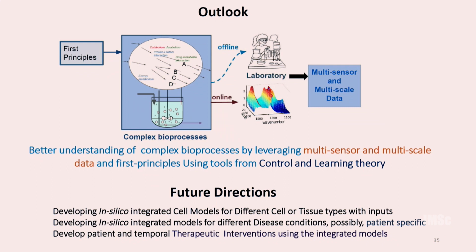And in future, we want to continue with that and try to create a cell-based model by integrating different regulatory networks and the signaling networks together and create for the disease and normal cell a model, an in silico model, which we can actually simulate whenever we want, and possibly in the future, if we have patient-specific data, we can do patient-specific simulations and hopefully get personalized medicine one day.